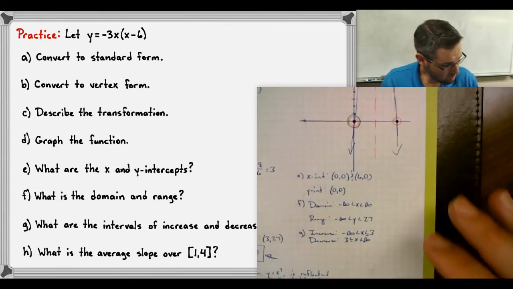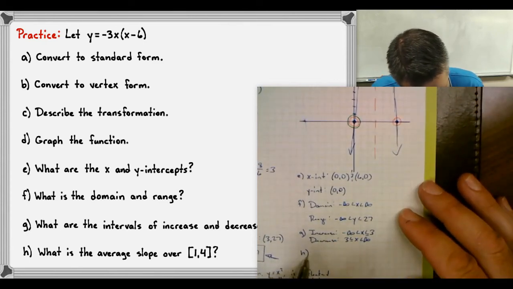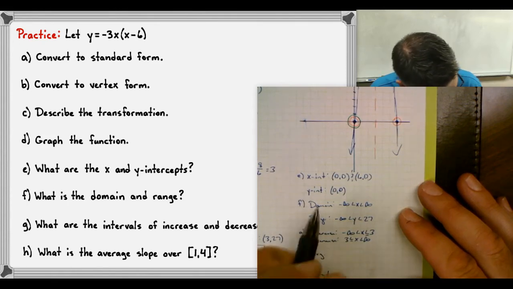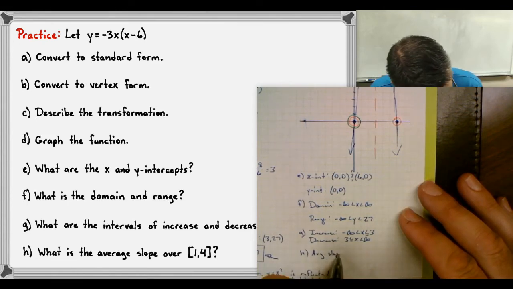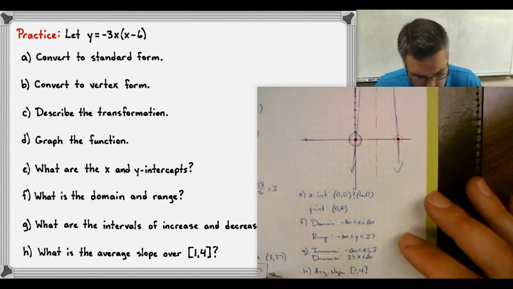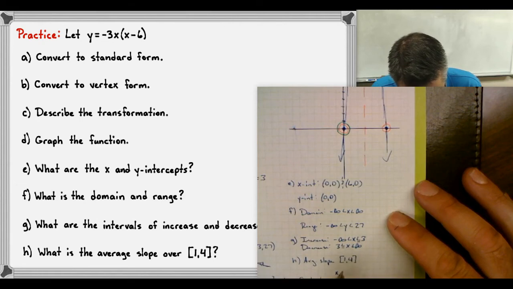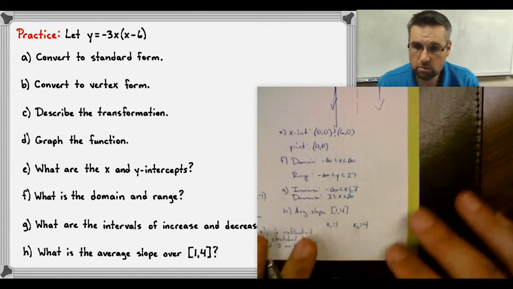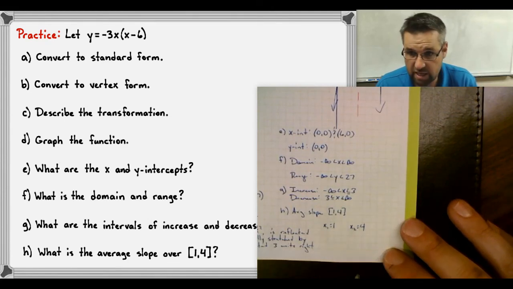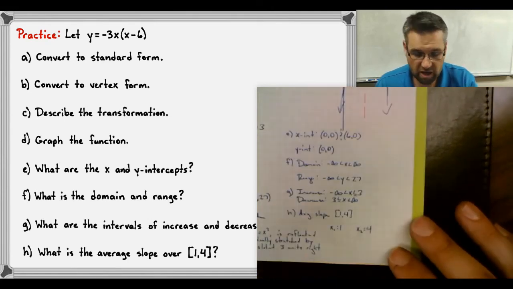All right, and the last problem, this says find the average slope over the interval 1 to 4. What does that mean? That means our first x is 1, and our second x is 4, right? So we've got to find our coordinates.